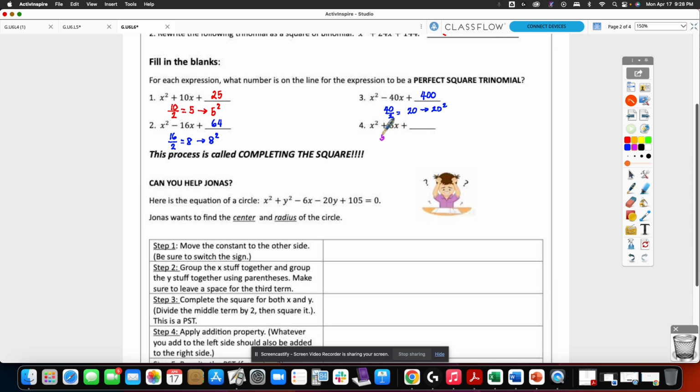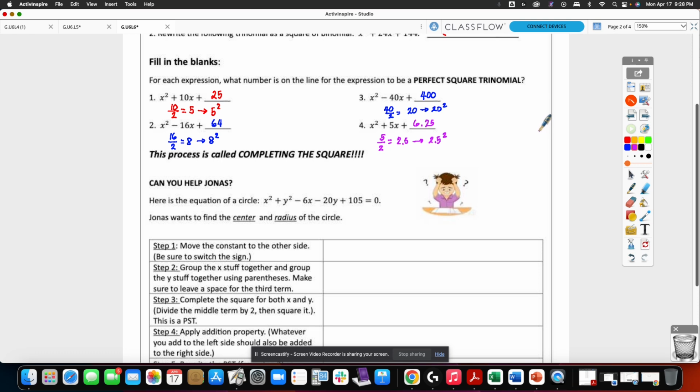So we do the same thing. We divide 5 by 2. 5 divided by 2 will give you 2.5. And then we do 2.5 squared. 2.5 squared is 6.25.